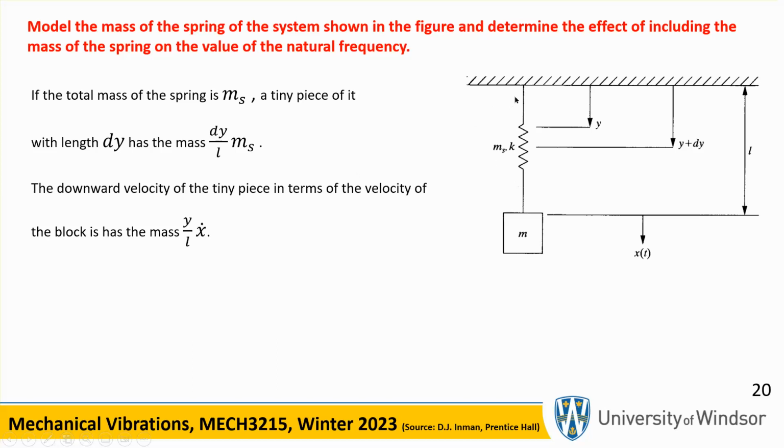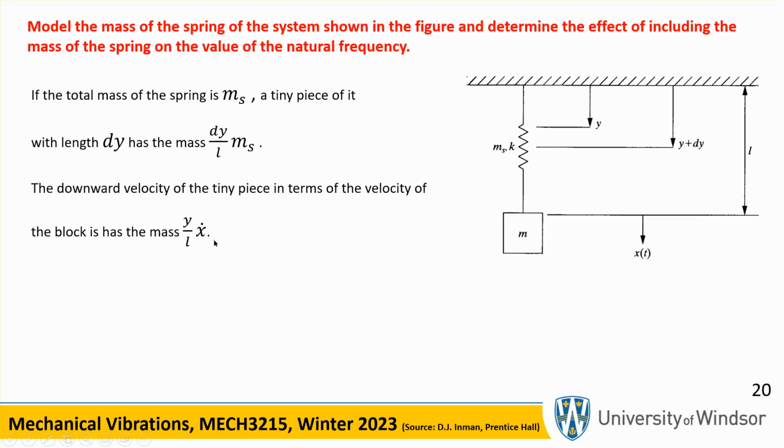So you see, for example, what is the velocity of this point on the spring? 0. The velocity of this point on the spring is the same as the velocity of the block. So if you look at an intermediate point, the velocity of that point is a proportion of the velocity of the block.